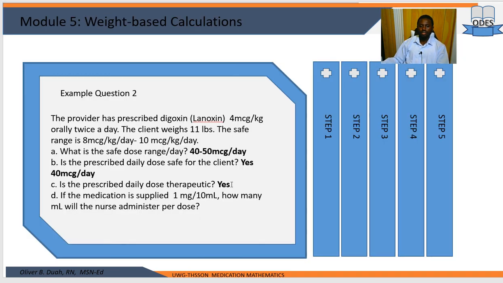So to recap, we noted that our safe dose range was 40 to 50 micrograms per day.